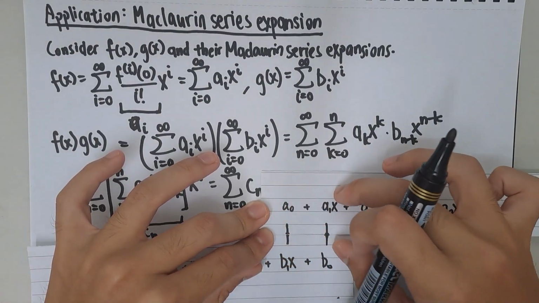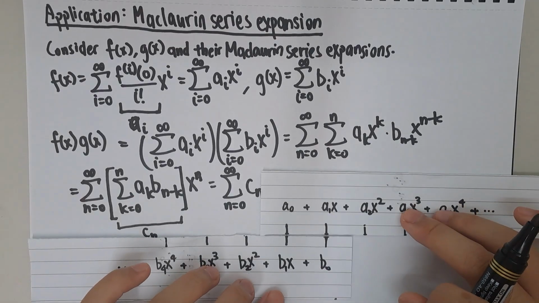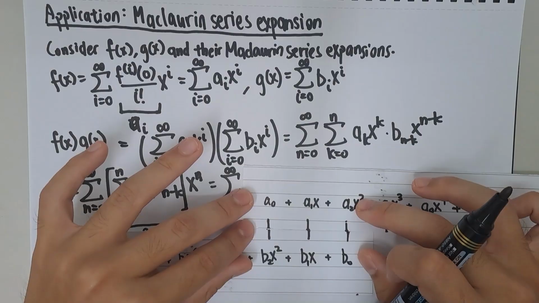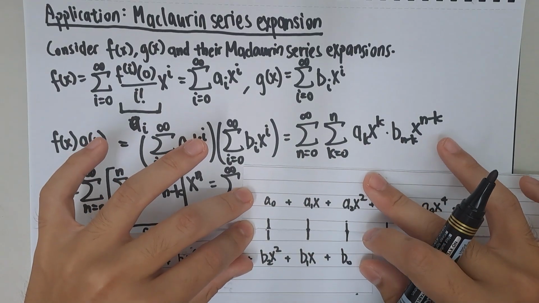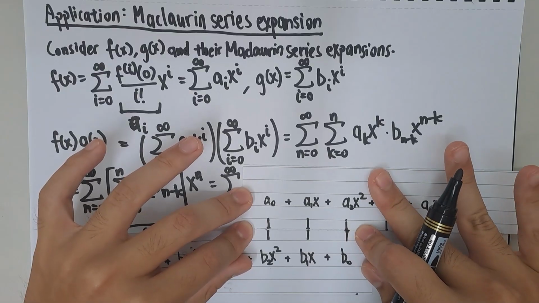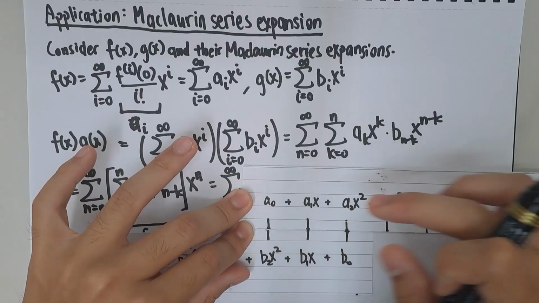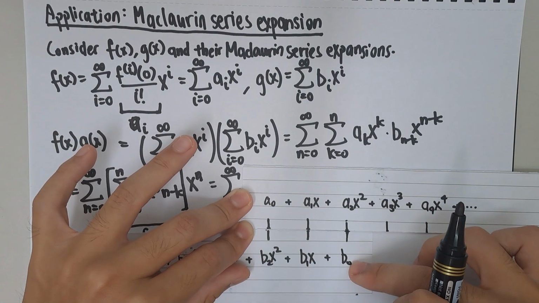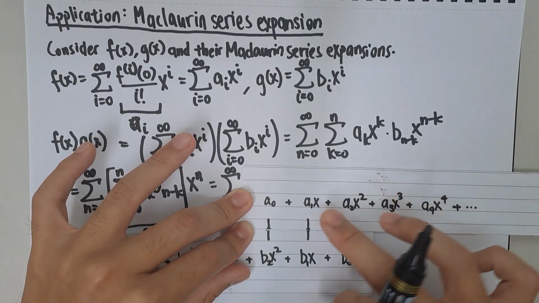So here is all the information you need for getting the x terms, the linear terms. And here, again, is all the information you need to get the x squared terms. Here we get the x squared term, because x squared times a constant term is a quadratic term.